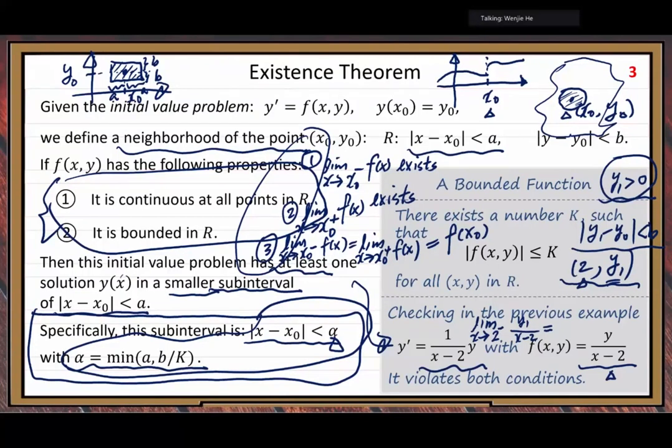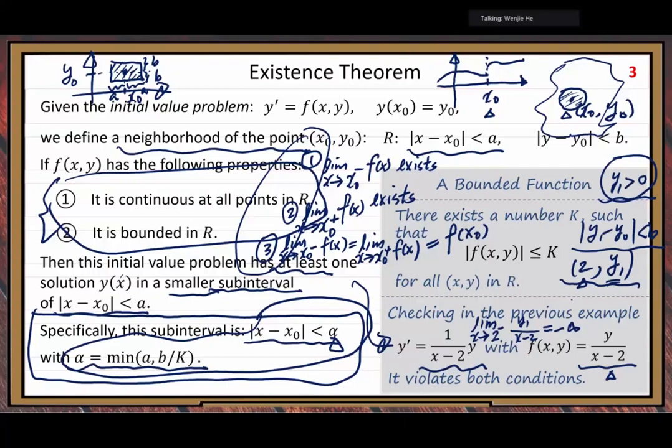The numerator, because x is smaller than 2, so x minus 2 is a negative number. But as x goes to 2, the denominator goes to 0, but from the negative side. The numerator is a positive number, we assume. Positive number over negative number is a negative number, right? The whole fraction goes to infinity, so the limit is negative infinity.